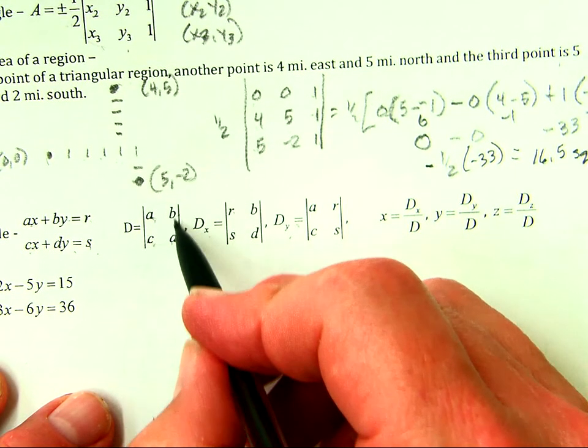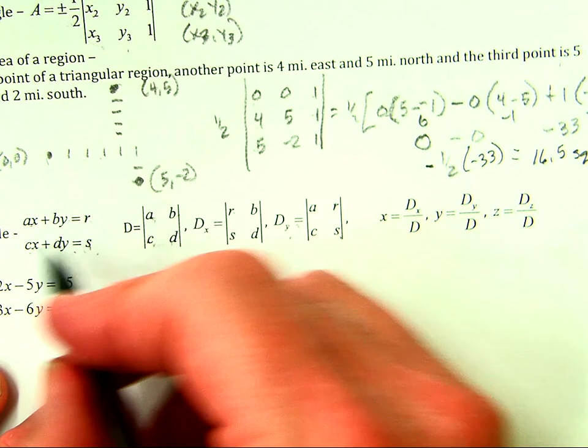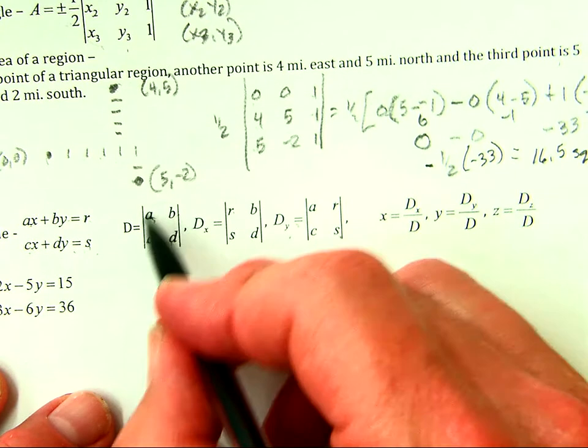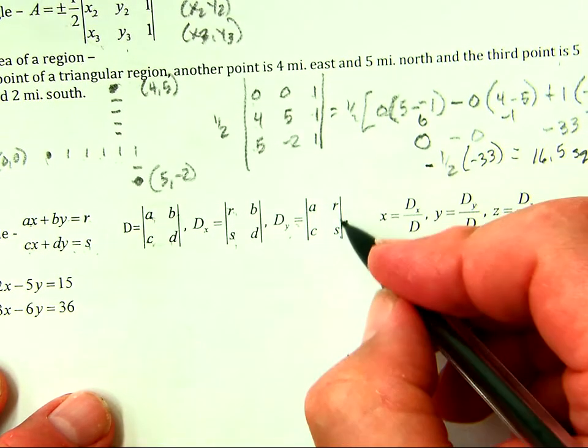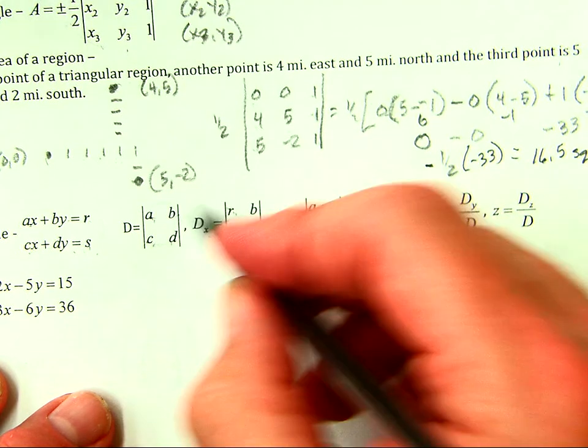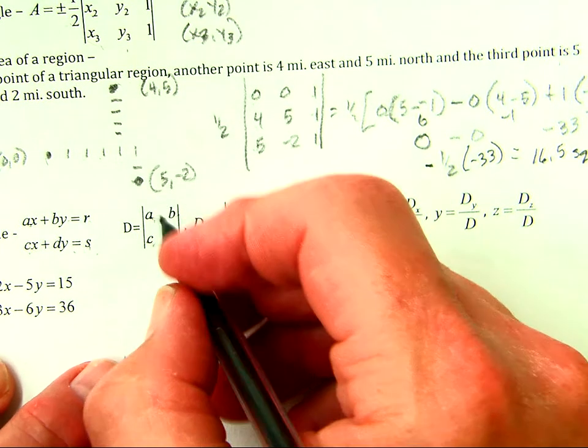Now we replace the second column, our y column, with the constants, R and S. So we had one with the coefficients, one where we replaced the first column with our constants, and the other one where we replaced the y column with the constants. Now we're going to do the determinant of each one of these.